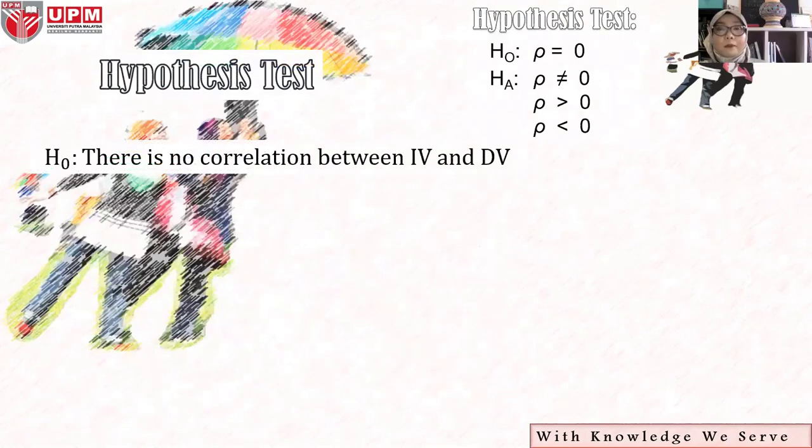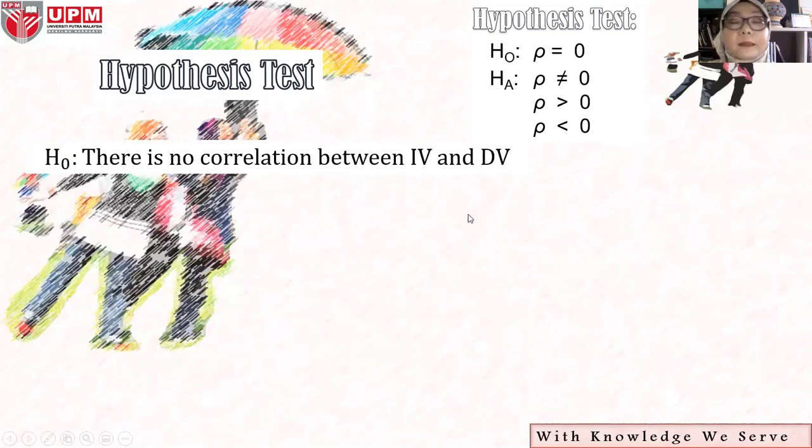In terms of hypothesis testing, during your statistics class, perhaps the lecturer shared the representation of hypothesis writing according to statistics, using this symbol: H0 rho equals 0, or HA rho not equal to 0, larger than 0 or lesser than 0.